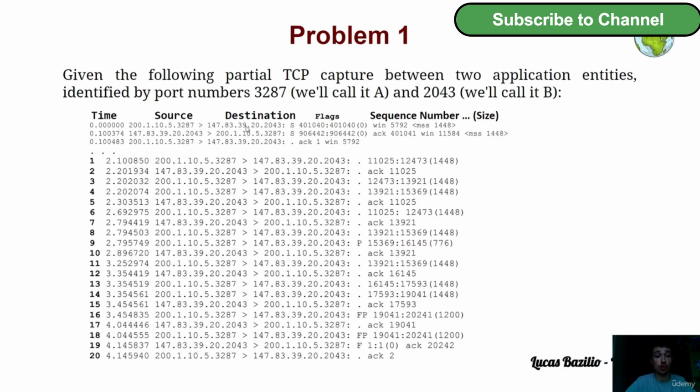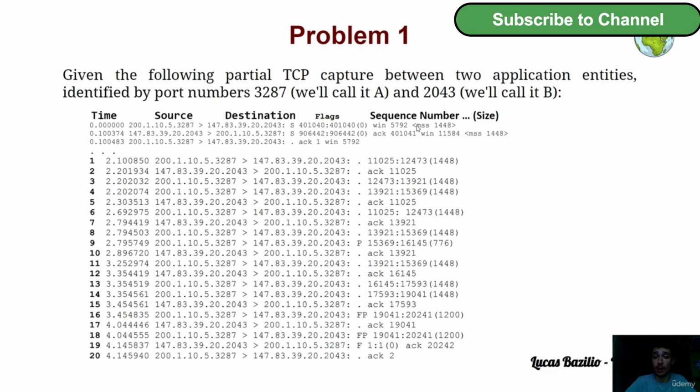We have the destination column, which represents which application received this frame. Then we have the flags column that identifies if we have a packet that belongs to the three-way handshake process. Remember that we have the synchronization TCP segment, the finalization, and also the acknowledgement. This is all described in the column of flags.